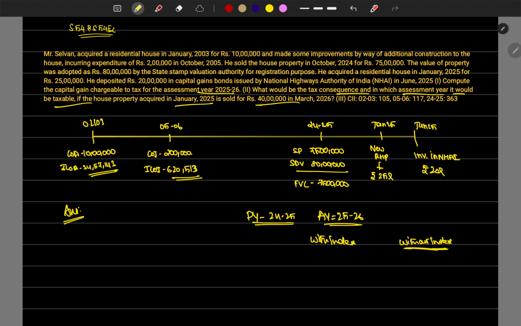Since it was sold in October 2024, this problem comes under without indexation only, but we are calculating with indexation also for our understanding. Full value of fair value consideration is 75 lakhs in both the cases. No expenses incurred. Right, 75 lakhs.